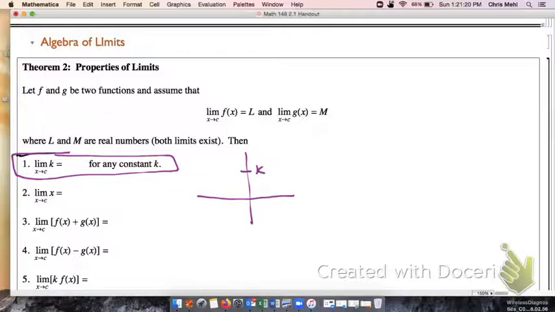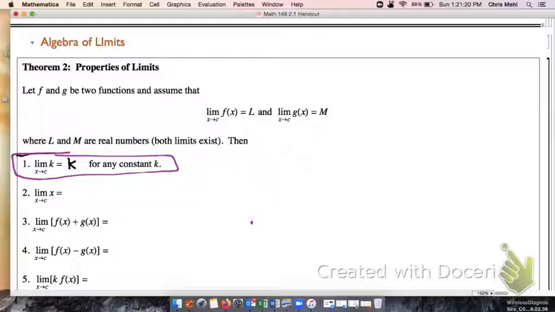If your function is a constant function and always has the value of k, and here's the x-axis, here's the y-axis, well, it doesn't matter where you are on the graph. It doesn't matter what x is approaching. The y-coordinates are always k. So the limit of a constant function is always going to be that constant k. The function does not change no matter what x is. If the function is always k, the function values are always approaching k. So that's that first one.